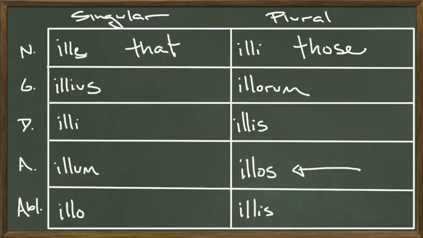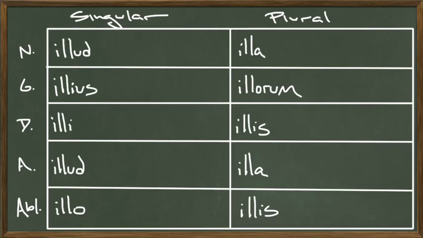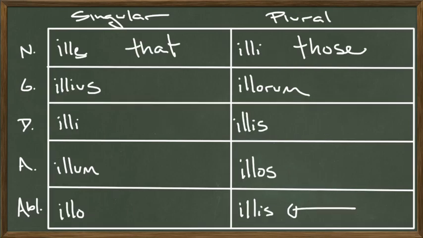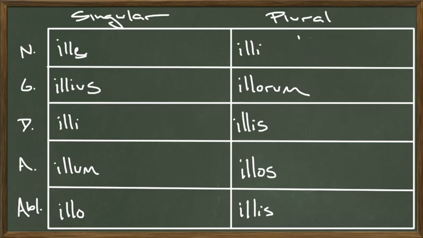Last one. We have illis in the ablative, and it is the same all the way through. Illis in the feminine, illis in the neuter. Alright, let's go through and add a noun. Get rid of this up here. So remember that on the singular side, the ill words mean that, and on the plural side, the ill words mean those.